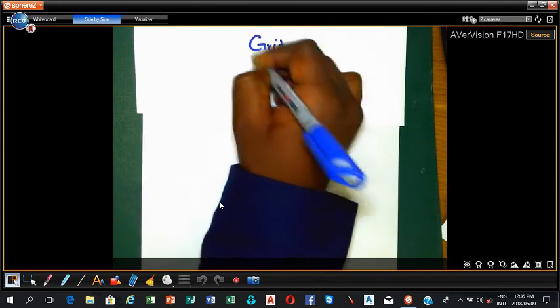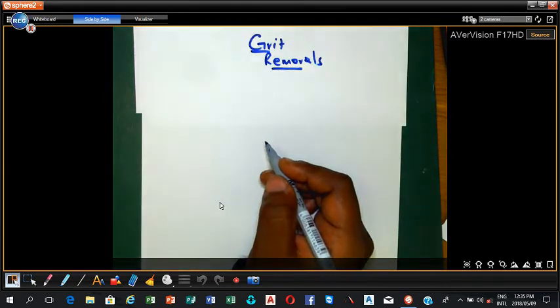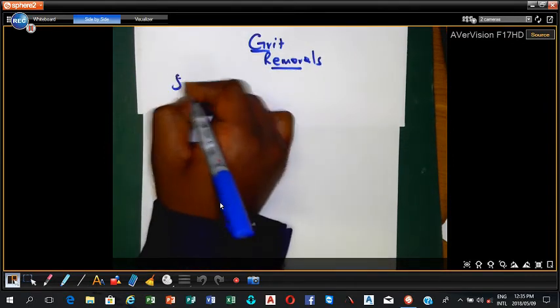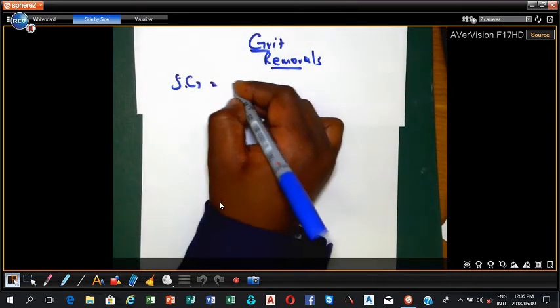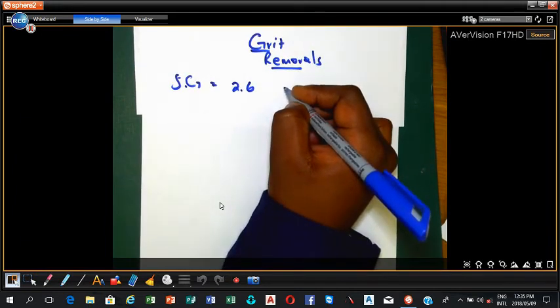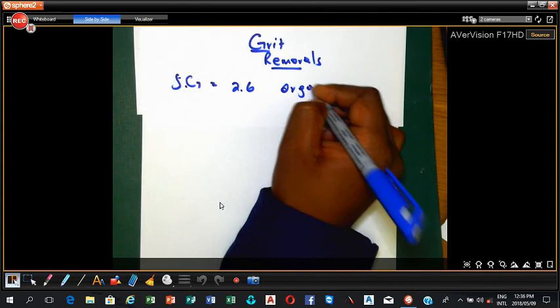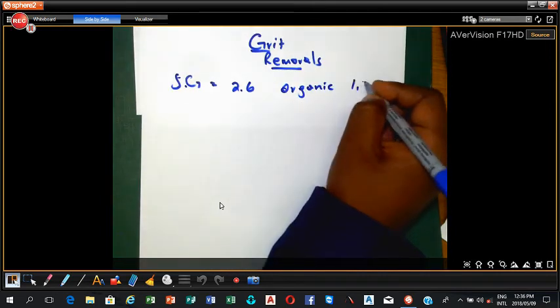Now, what is happening with grit removals? Understanding that the grit removals may be controlling the velocity to settle the grit, but also you must take note that the specific gravity of the grit is in the range of 2.6, and the specific gravity of the organic matter is in the range of about 1.2.